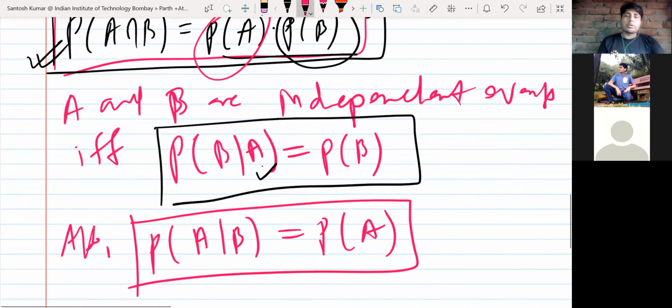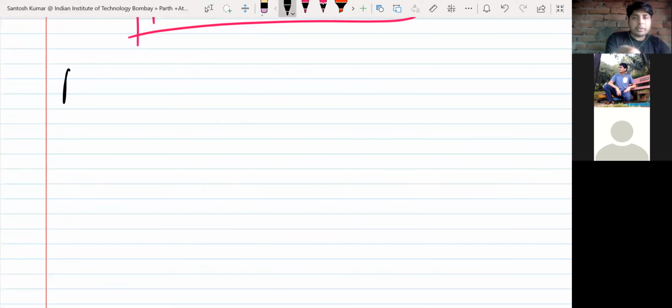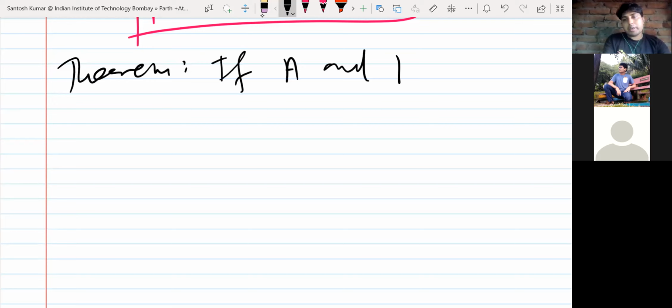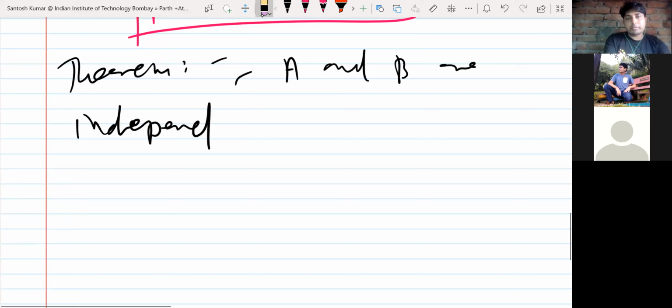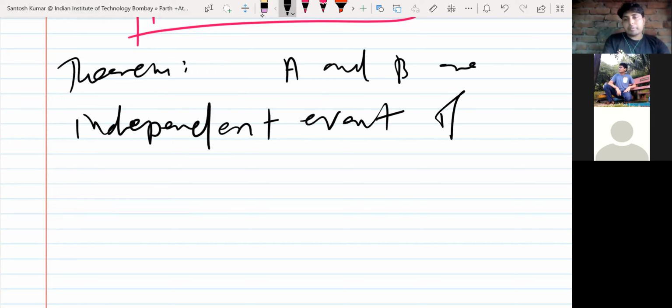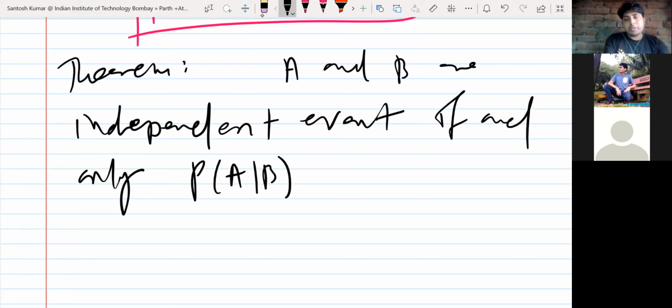Let me write it again as a theorem. A and B are independent events if and only if probability of A given B will be equal to probability of A only, whether B is given or not doesn't matter.